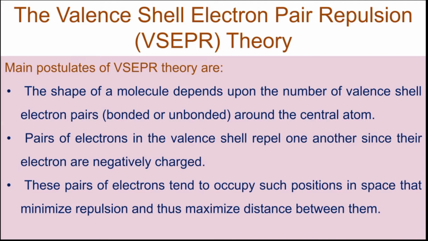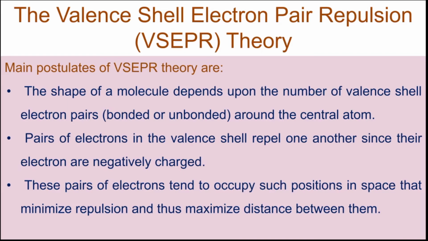Pairs of electrons in the valence shell repel one another since their electrons are negatively charged. These pairs tend to occupy such positions in space that minimize repulsion and thus maximize the distance between them.